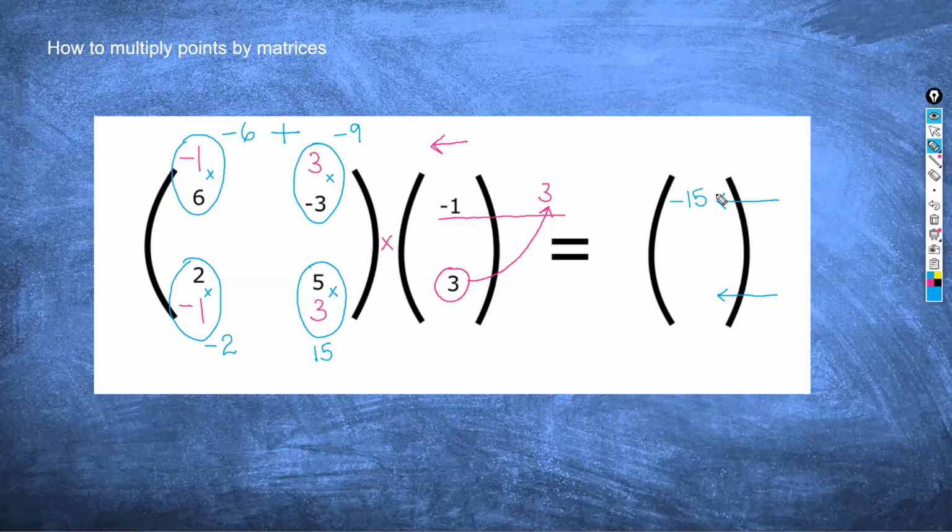You can always use your calculator to do the addition and subtraction or multiplication if you're having problems with signs. And to get the answer underneath, we add the two values underneath, the two final values underneath. Minus 2 plus 15 is positive 13.